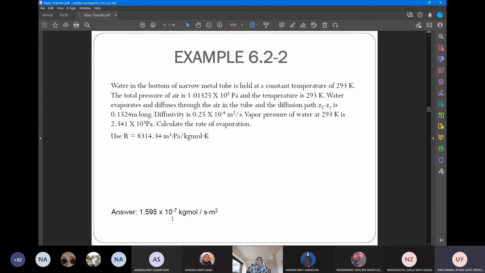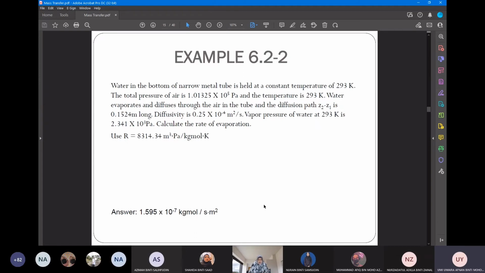Sometimes you get, let's say, 1.60, and then you ask me why your answer is different from mine. Because you are the one who does the calculation, not me. That's my answer. Everything is there, so do your own calculation. Be confident of yourself.